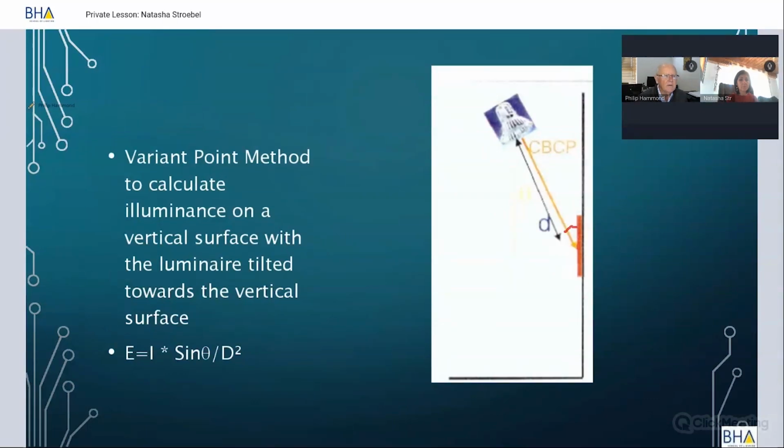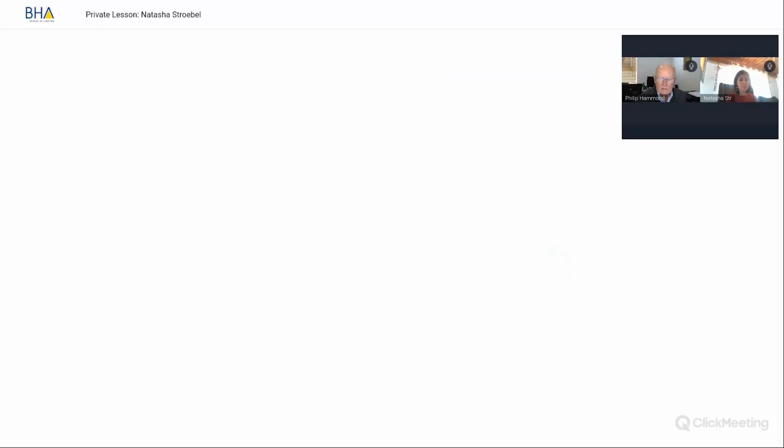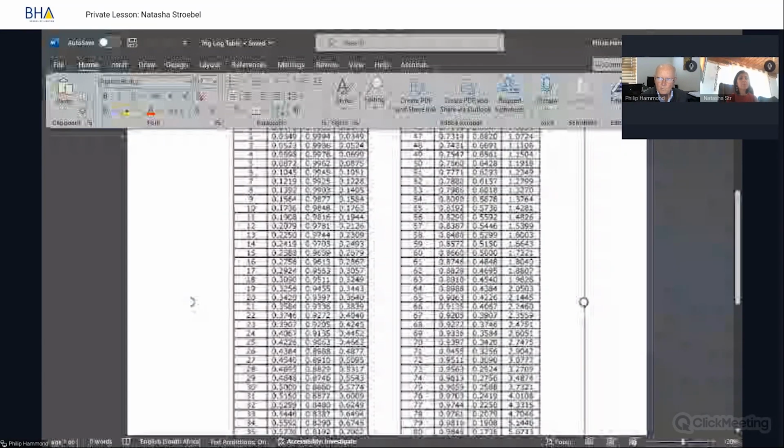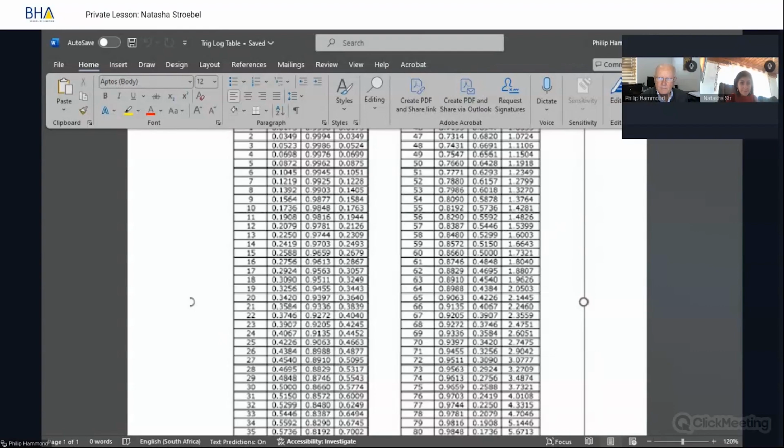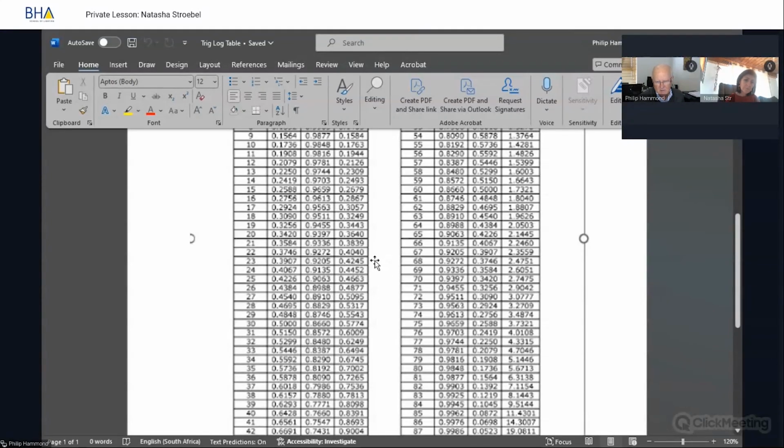And let me share it. Tell me when you see it. I see it. Okay. So now, let's say that angle is 30 degrees. And we want you to calculate whether it's cosine or sine in either of those instances.